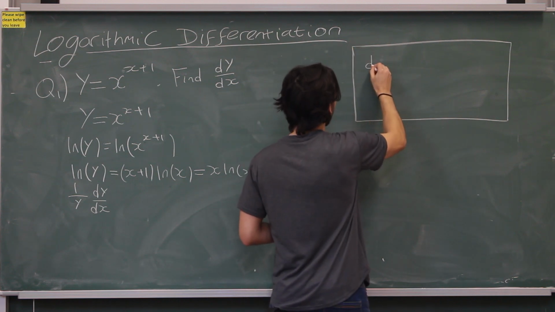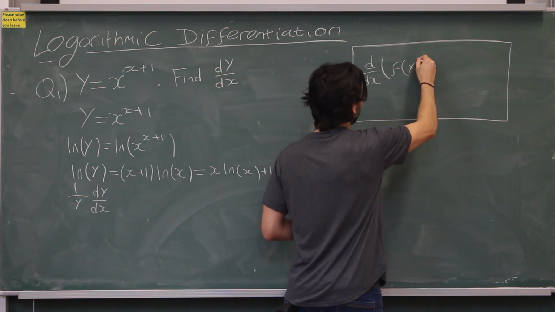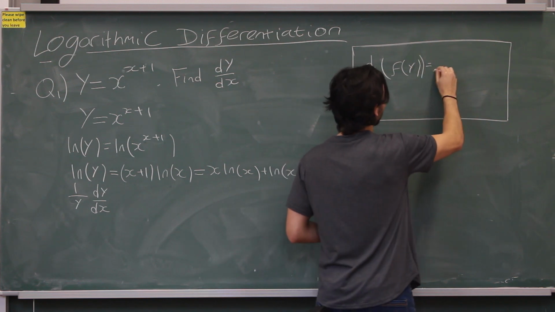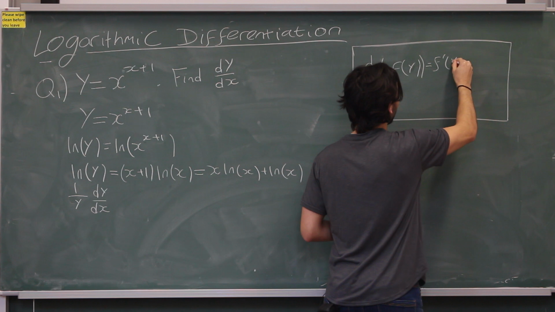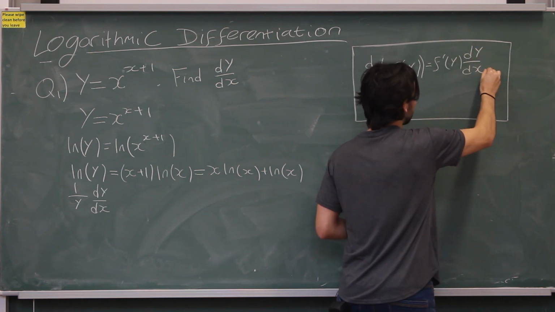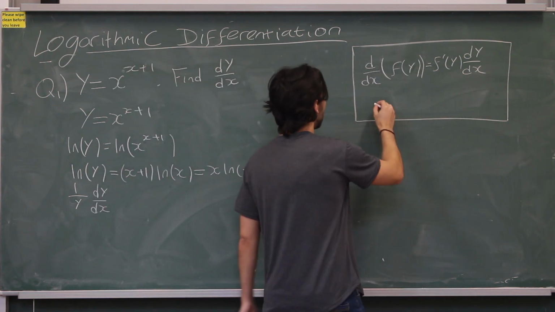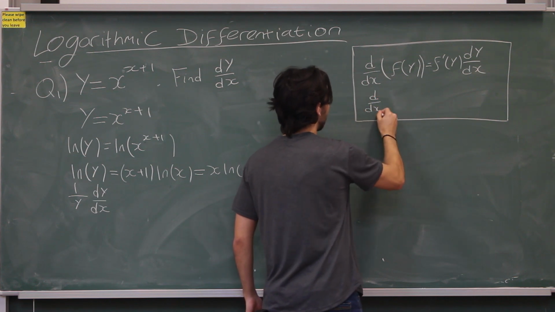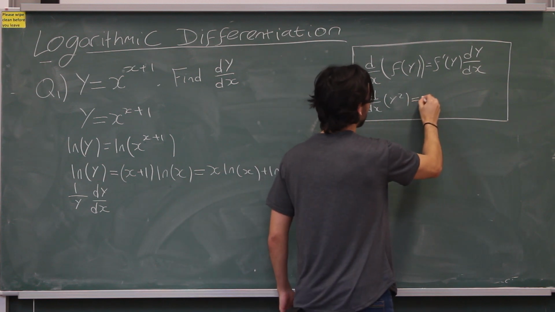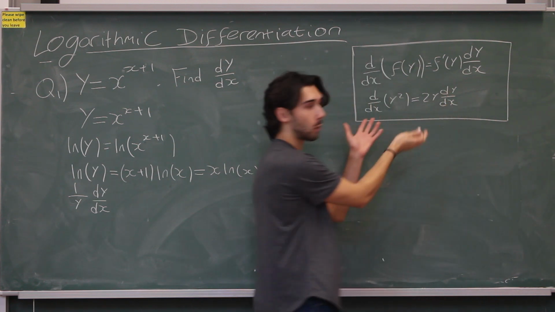The derivative with respect to x of a function of y is the derivative with respect to y of that function times dy dx. This is literally just implicit differentiation. So for example, if I was to differentiate, let's say y squared with respect to x, this would be 2y times dy dx, like for example.